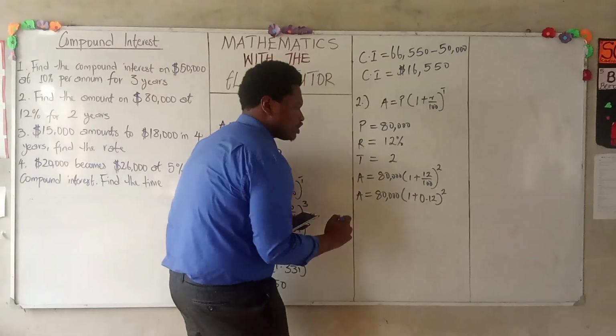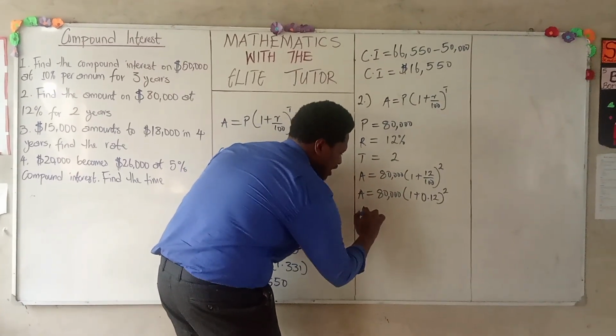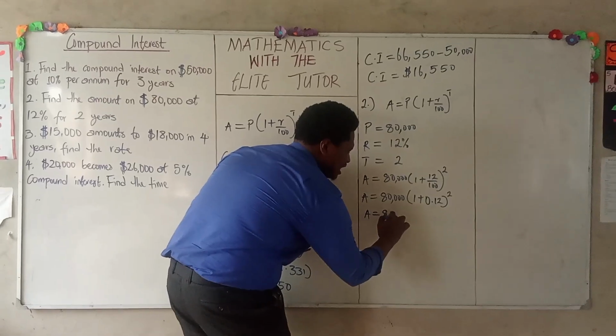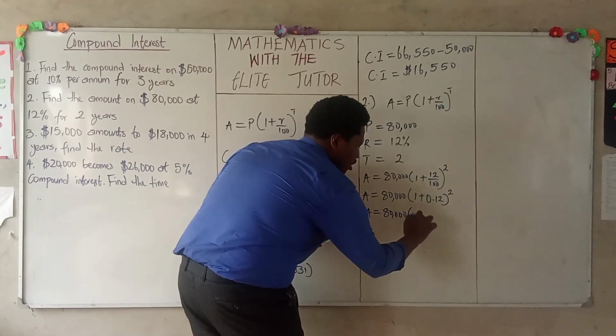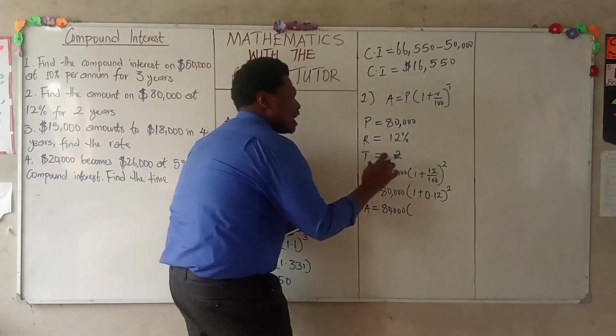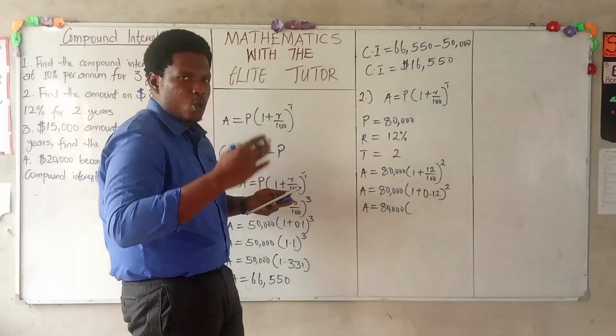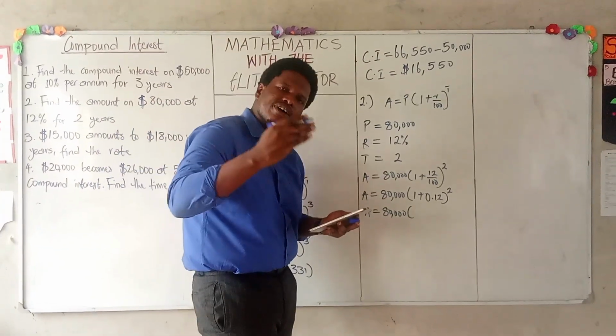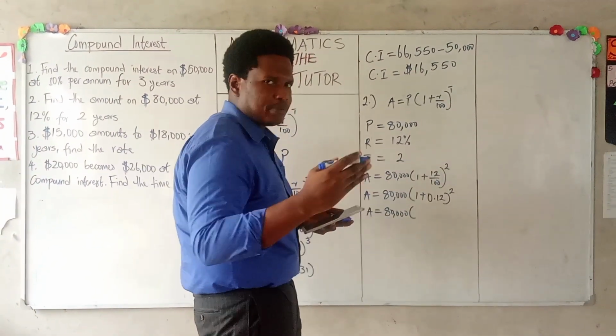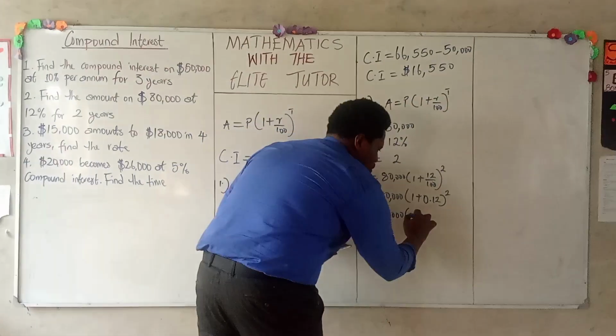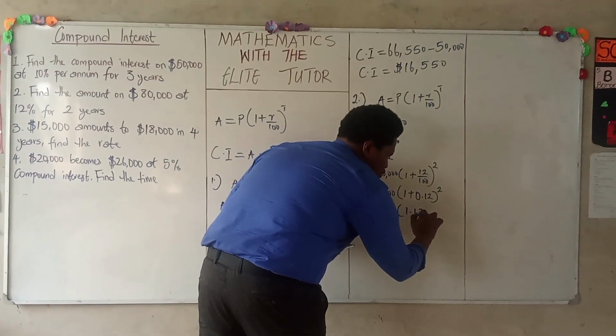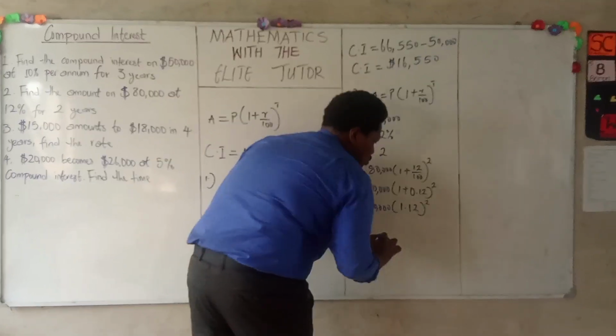Now let's go further to simplify. So we have that A is equal to 80,000 into bracket 1 plus 0.12, which gives us 1.12, raised to power 2.